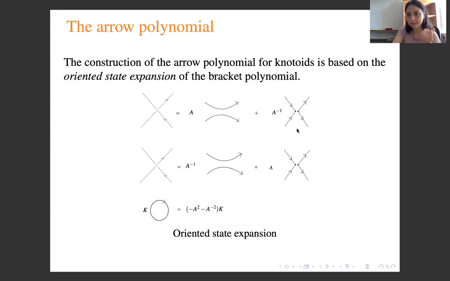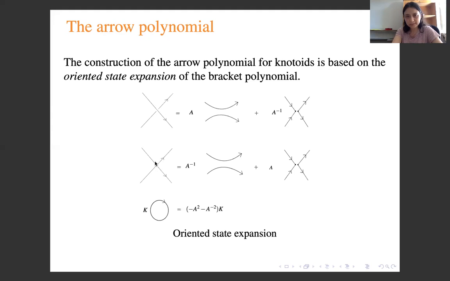And the other smoothing is not compatible with the orientation of the diagram. So these disoriented smoothings result in a pair of cusps in our local pictures, as we show here. These are just combinatorial expressions for cusp-like structures.